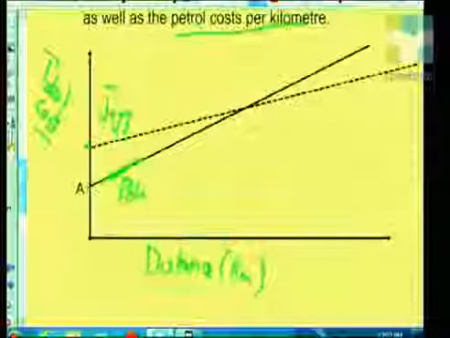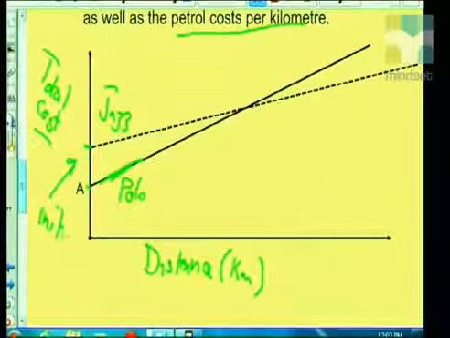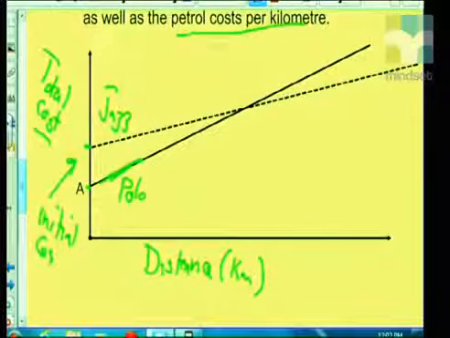So just by looking at the initial costs, when the distance is 0, I'm only looking at initial costs, and that's what I've done on the vertical axis, the total cost axis, the one that goes up and down. Polo is below the Jazz.